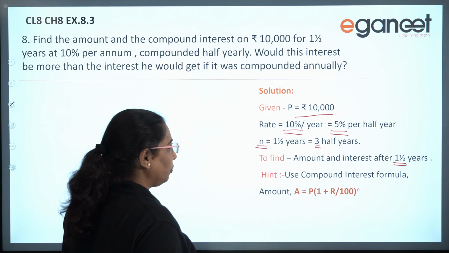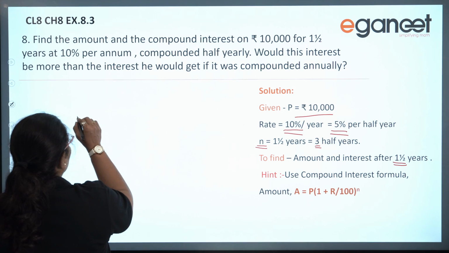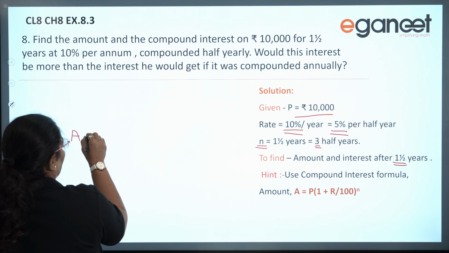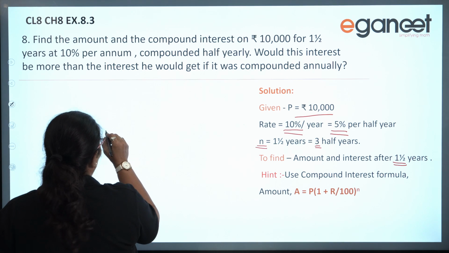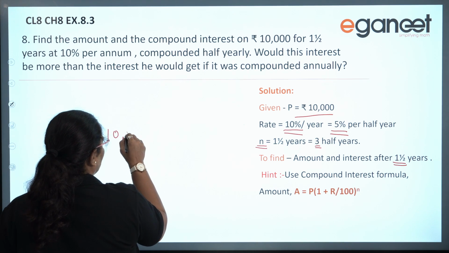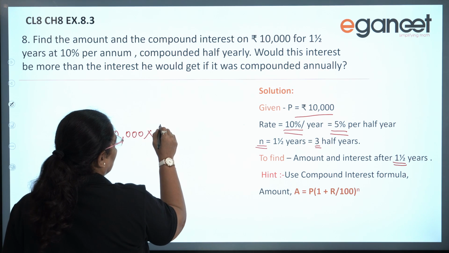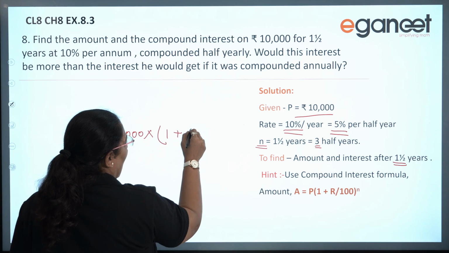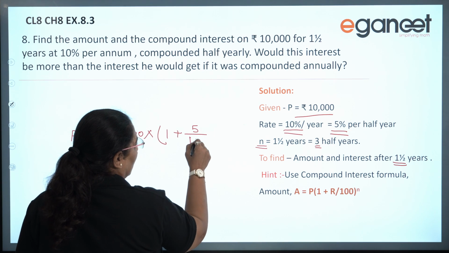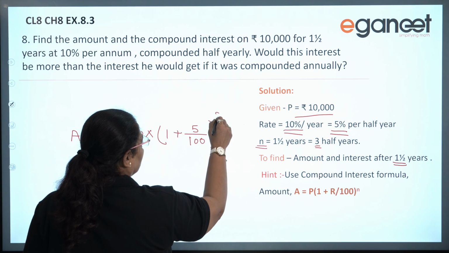By substituting values, we will get amount is equal to principal 10,000 into 1 plus R, which is 5, upon 100 to the power 3.